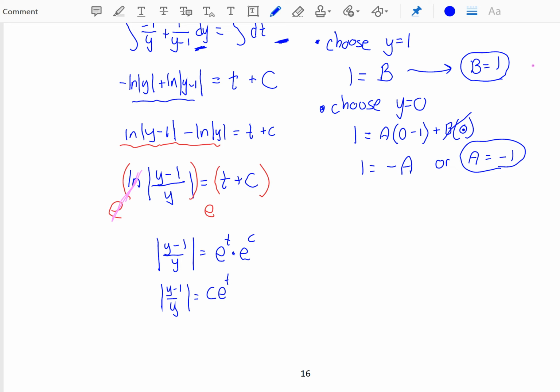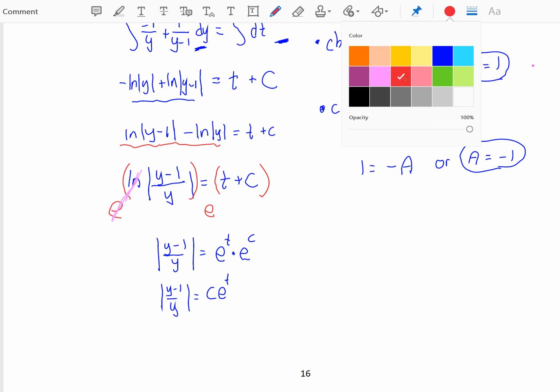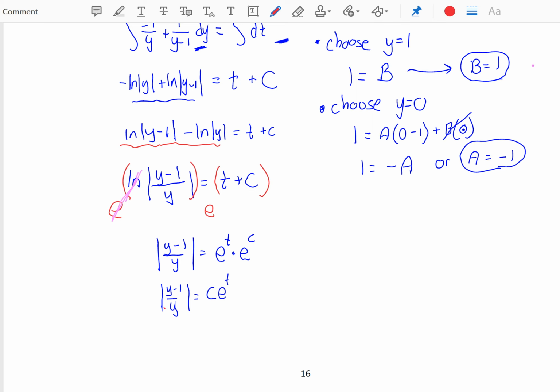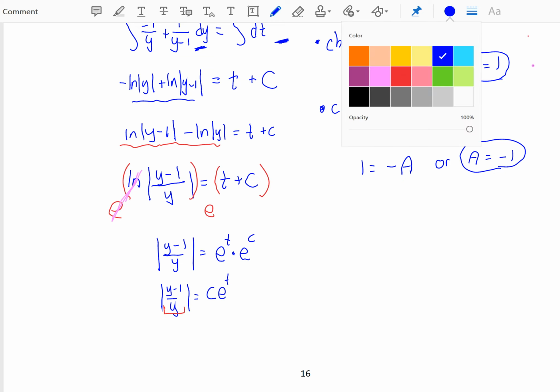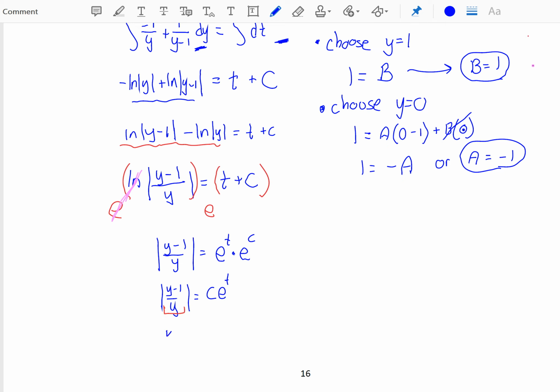Because if what's inside the absolute values is positive, the absolute values don't do anything. However, if all this is negative, we would divide both sides by a negative and the c would absorb that. Which allows me to say this is the same as y minus 1 over y equals c e to the t.